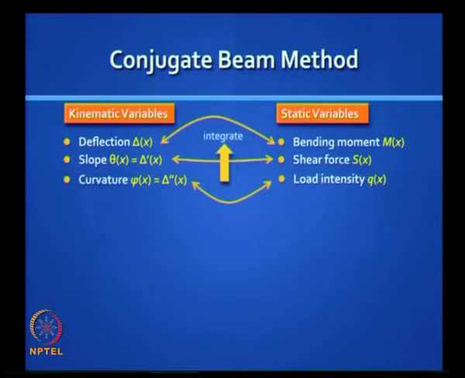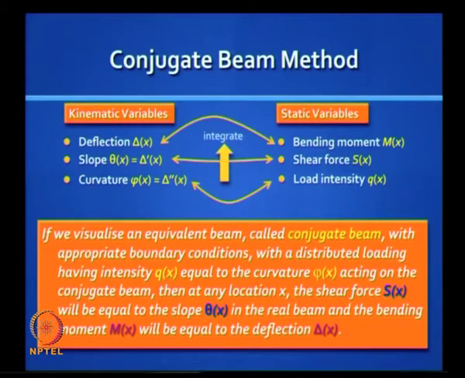This is a simple concept, a brilliant solution to finding deflection. So here goes the statement. If we visualize an equivalent beam called the conjugate beam, with appropriate boundary conditions, with a distributed loading having an intensity q of x equal to the curvature phi of x acting on the conjugate beam, then at any location x the shear force S of x will be equal to the slope theta of x.